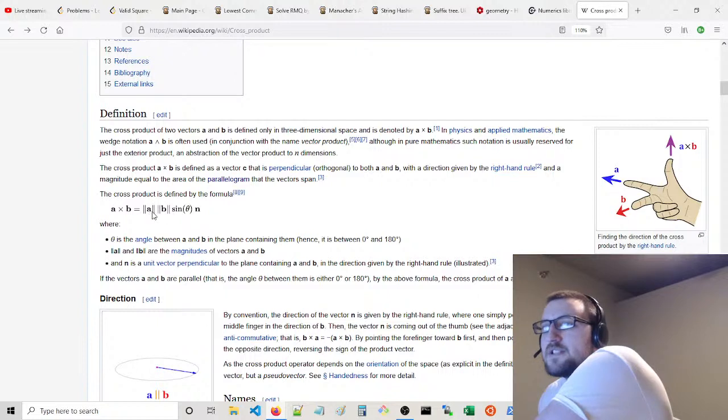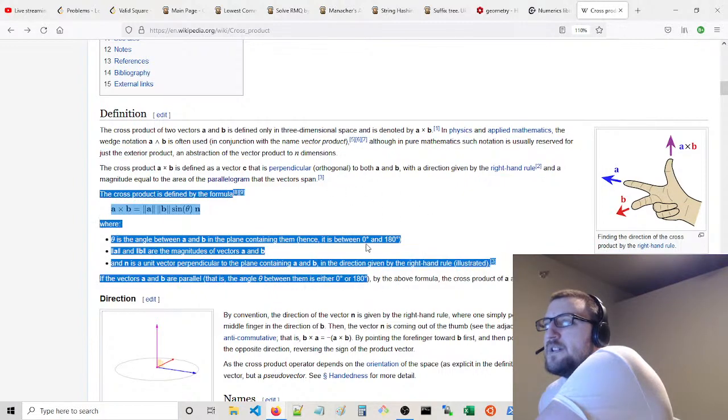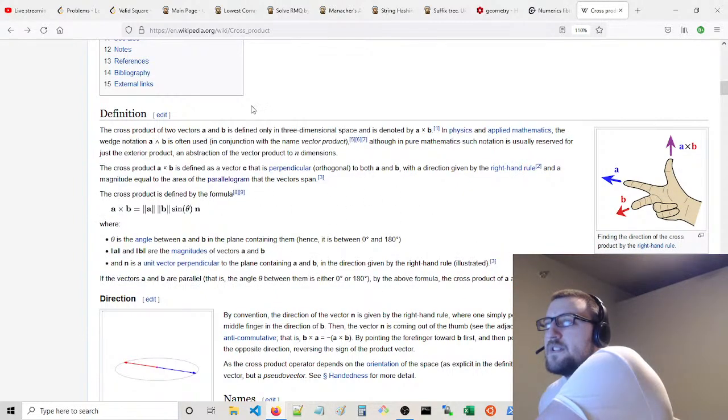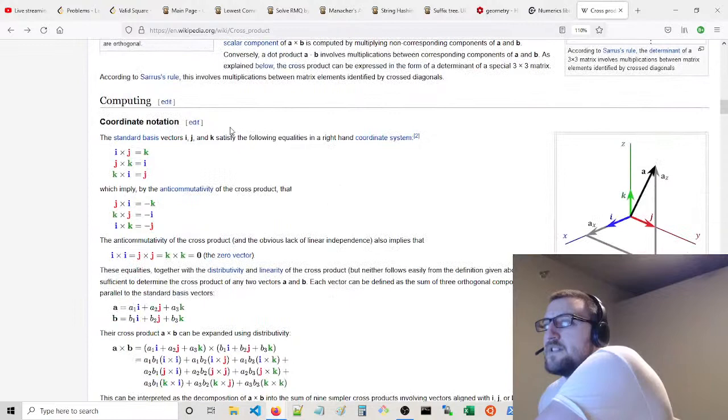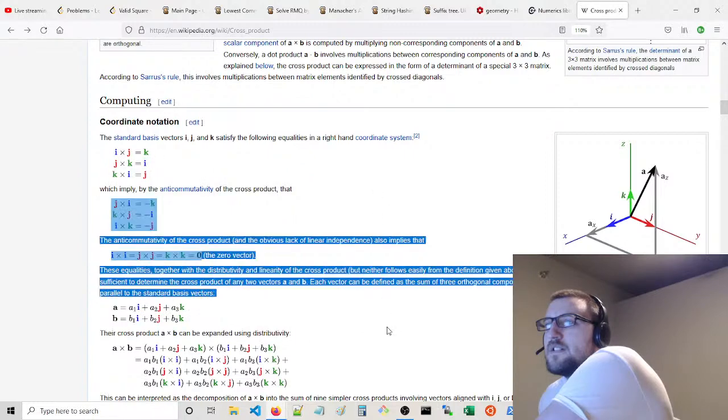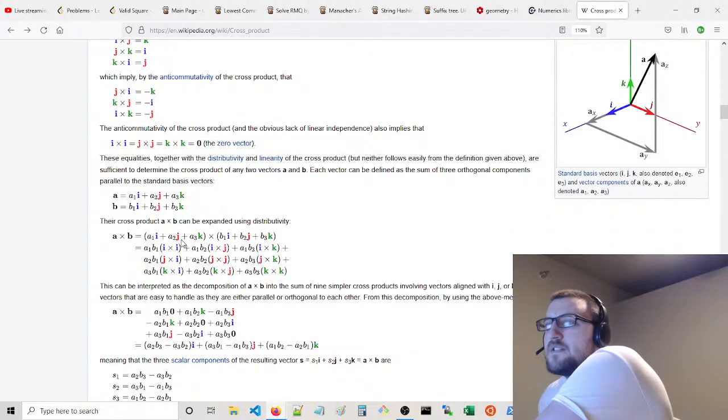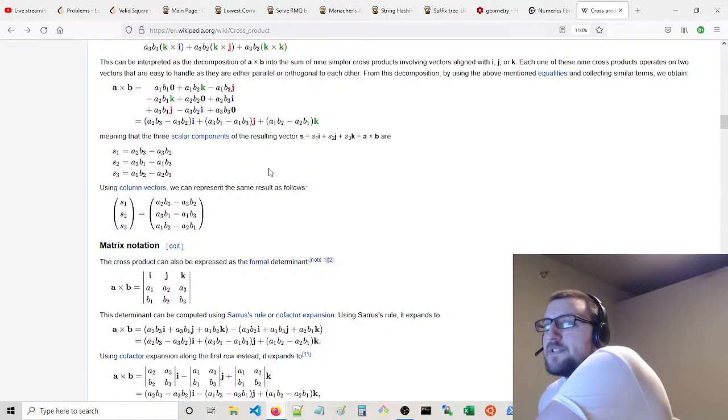So if you multiply length of A, length of B, and the sine of this angle. But there's another formula for the cross product, which you can use, which looks like this. That's a nuisance. Make your head spin.